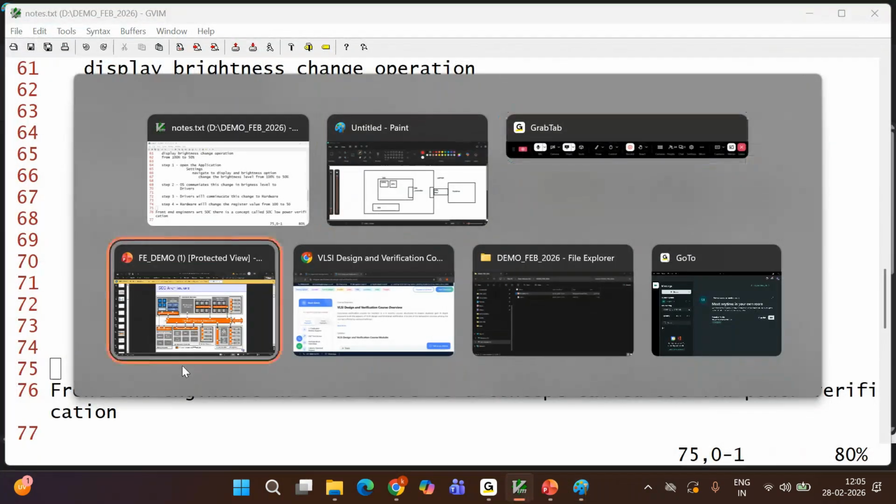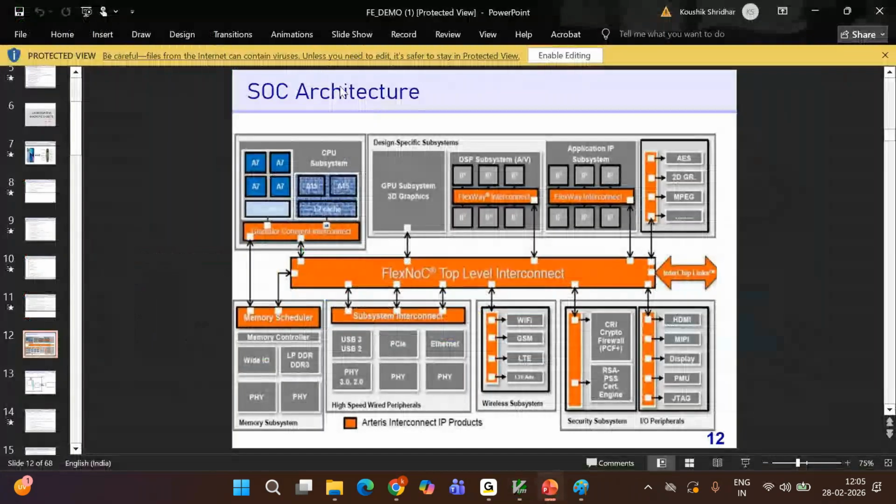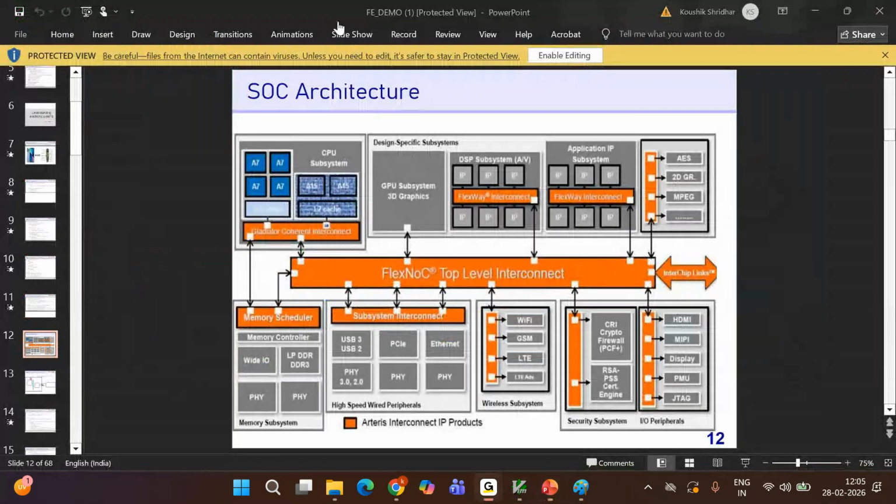Yeah. And integration is all about this. Like this USB 3 controller, it is integrated, meaning connected to the SOC, system on chip, in this high speed wired peripheral subsystem. Basically, there will be one block present called the high speed wired peripheral block.